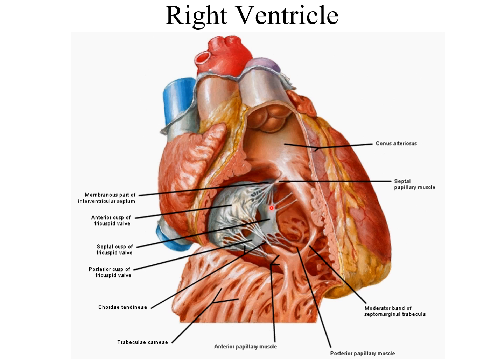So towards the septum we have the cusp which is known as the septal cusp of the tricuspid valve. So we have three cusps, and these valve cusps are connected to the musculature of the right ventricle.